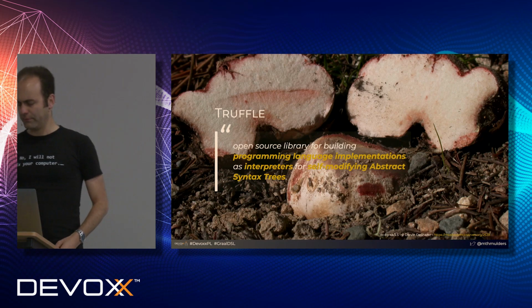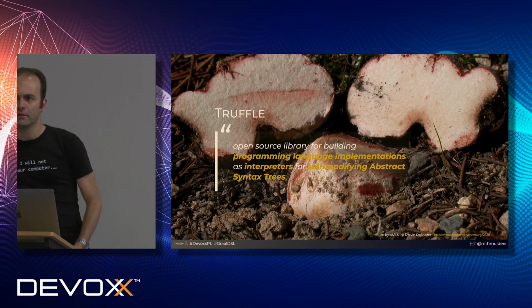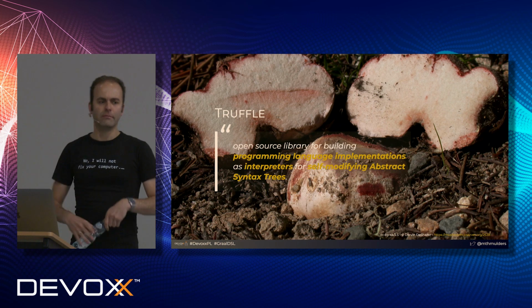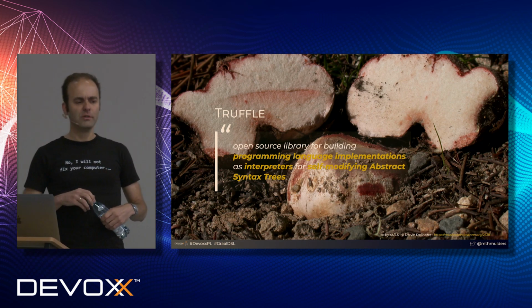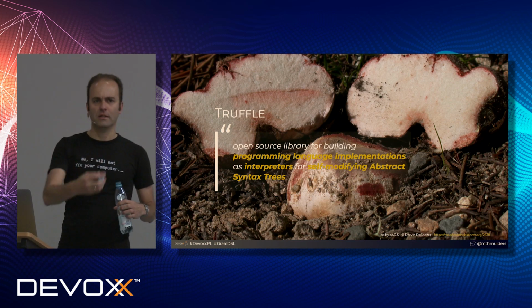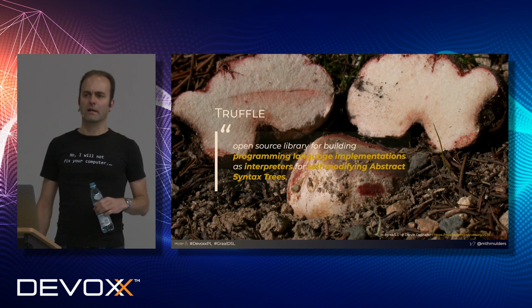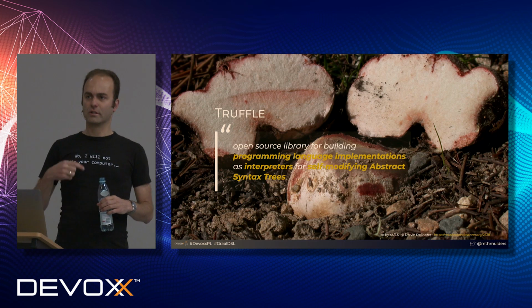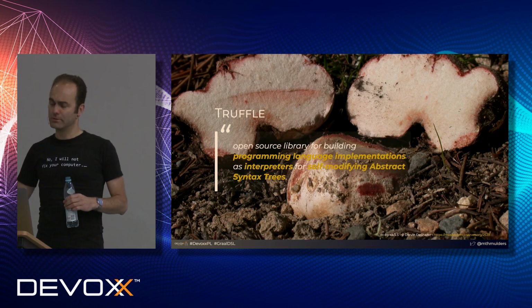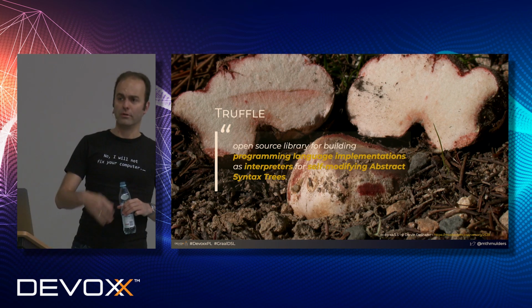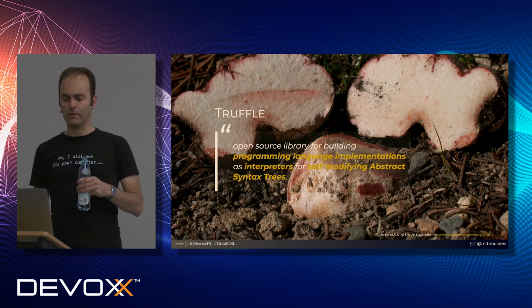But one of the things we first need to talk about is Truffle. You saw this big bar in the diagram saying Truffle, but what actually is Truffle? Truffle is a library which allows you and me and everyone to build programming languages. It's targeted primarily at dynamically typed interpreted languages, but you can actually run other languages on it as well.